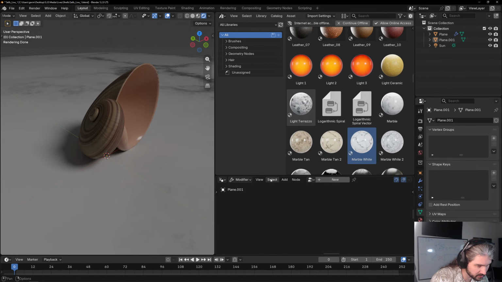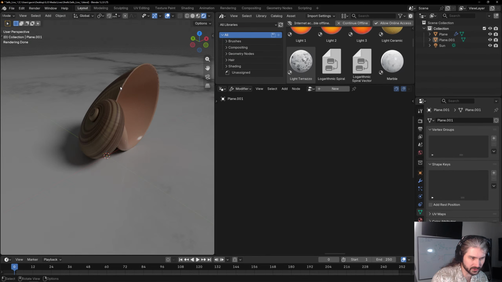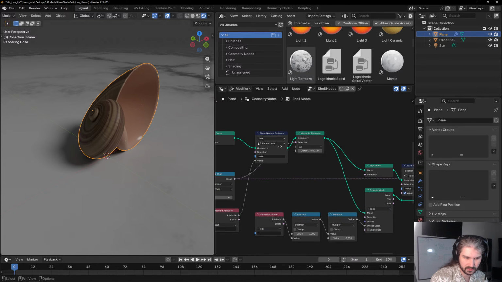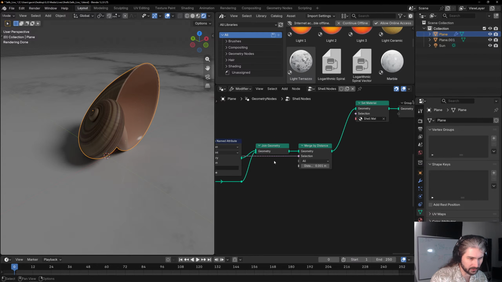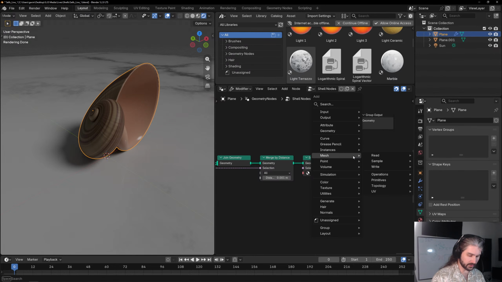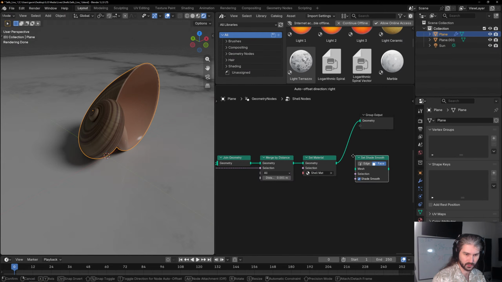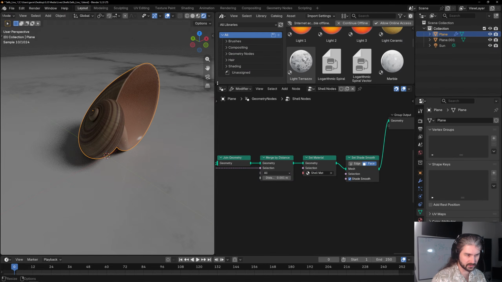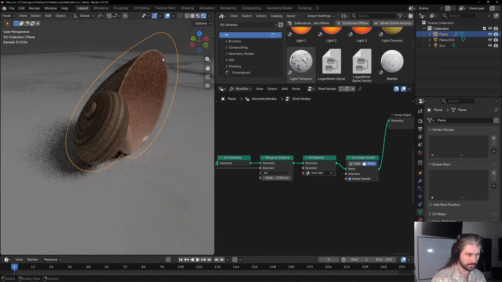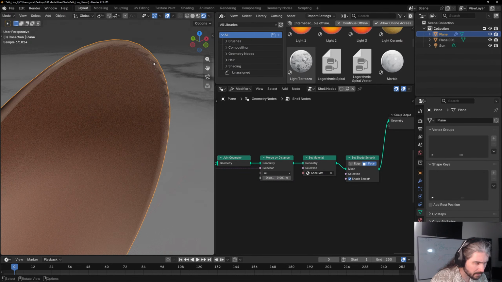What's going on here? Hold on. Shade smooth should be turned on, but it might not be for all of the geometry that we merged together, right? So let's just set shade smooth faces. What is going on here?